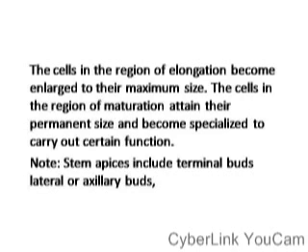That is why the cells attain their maximum size and become specialized at the region of elongation and region of maturation respectively. Note that stem apices include terminal buds or axillary buds.